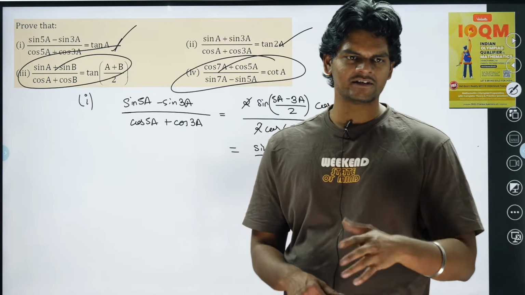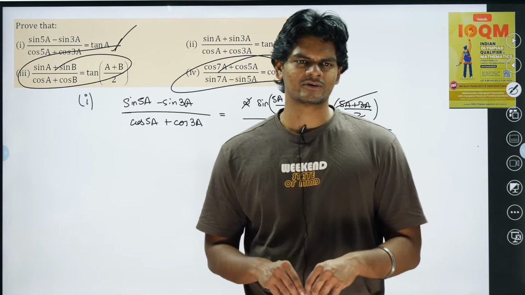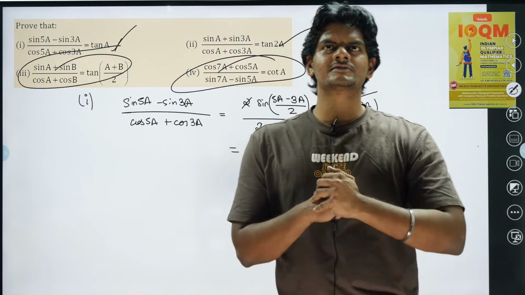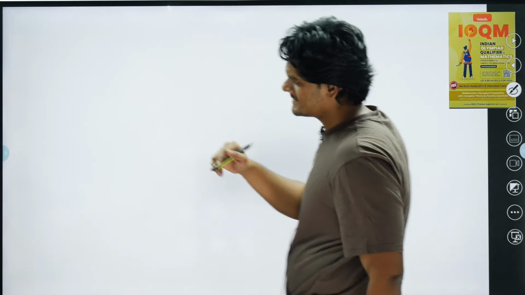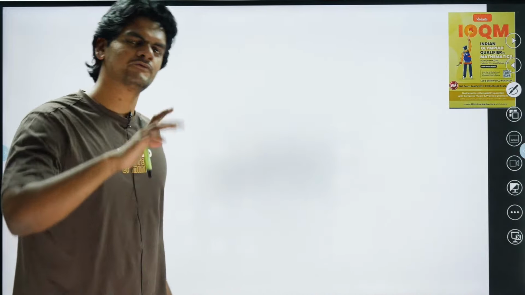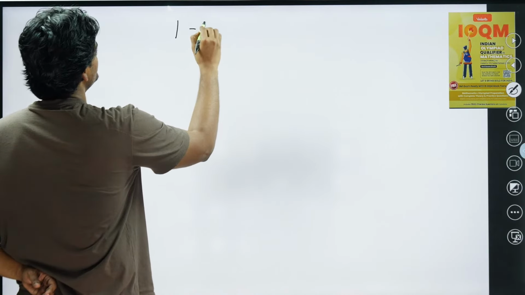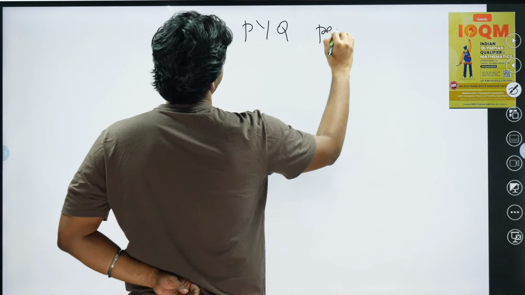Whenever you get the weekends, if you do 1 or 2 papers, I think that should be good enough. So make this your schedule. If you are practicing from now for IOQM and want to do PYQs, you can do 1 to 2 PYQ per week.